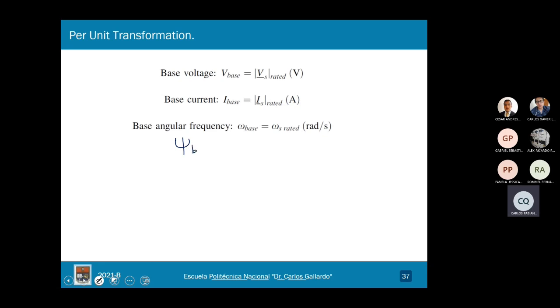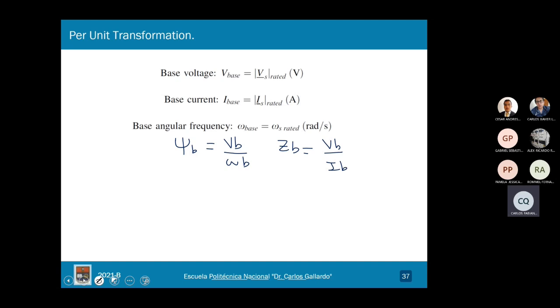The base flux is equal to the base voltage over the base angular frequency. The base impedance is equal to the base voltage over the base current.